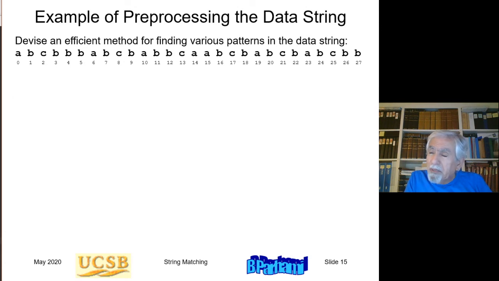Okay, now here is the more interesting example, and this is what happens in search engines. We pre-process the data string. So Google and other search engines have programs that are called bots or robots. They sort of go visit various websites, and before you even search for anything, continuously, that's their job.